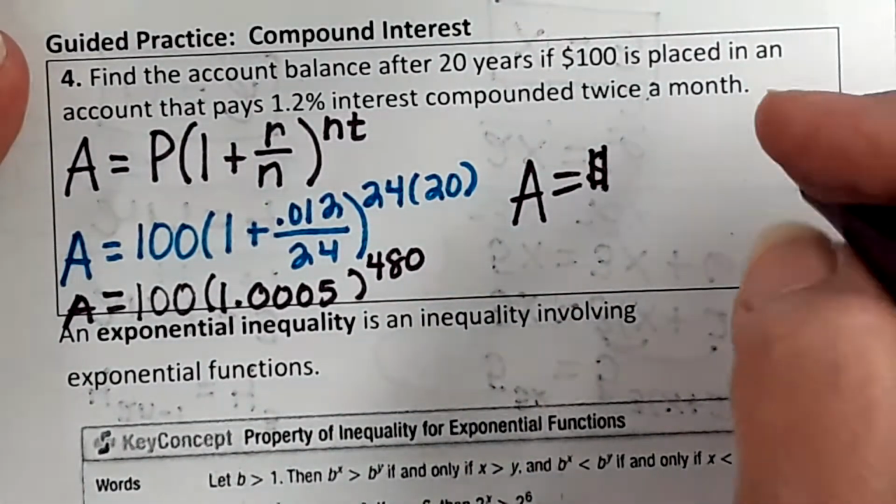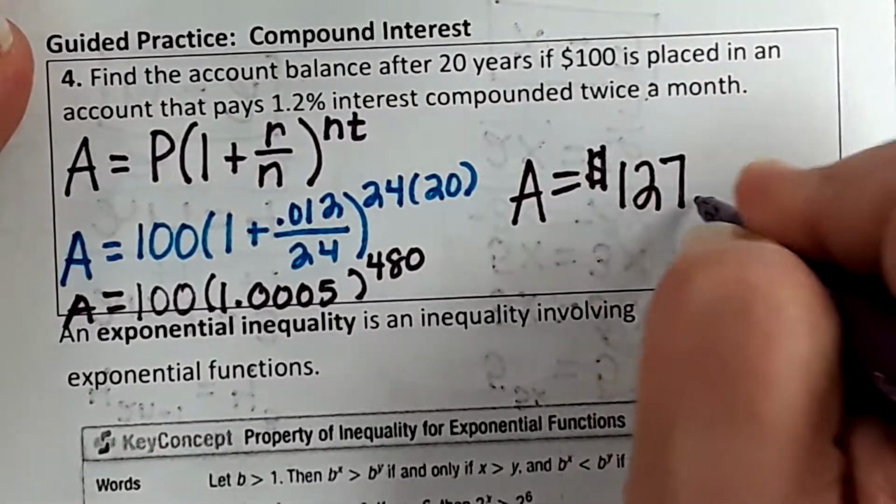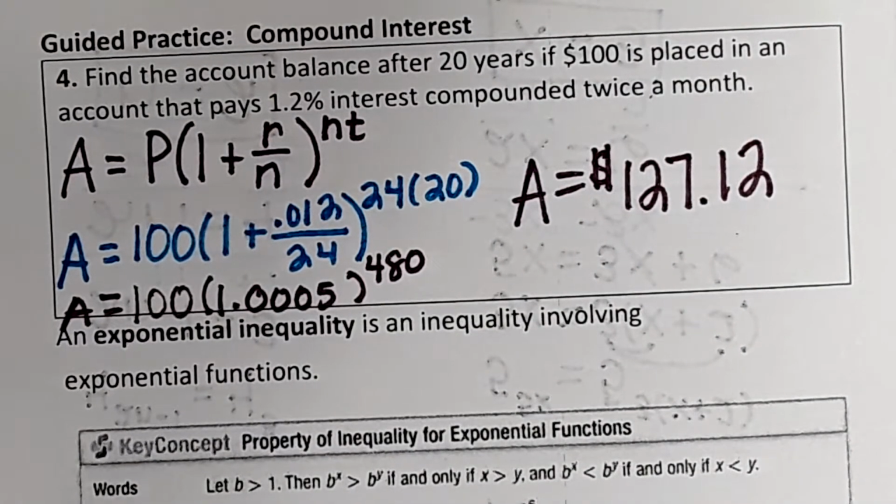What did you guys get? So after 20 years, you will have made $27.12. You guys, so you know, this means you didn't put anything into this account. It started with 100. You didn't put any money into the account. You just left it at 100 and you let it accrue. Okay?